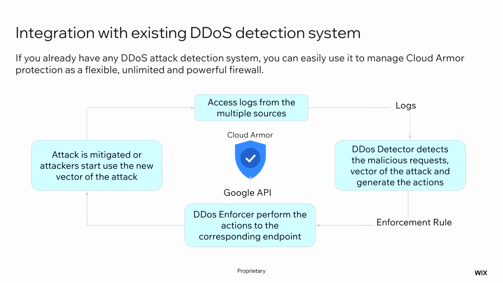This process works constantly and constantly adjusts the protection rules according to the detected attack. If the vector of the attack is changed, or a new attack is created, it will also be mitigated during the next iteration of the process. This approach allows us to build powerful, resilient, and flexible DDoS protection solutions.